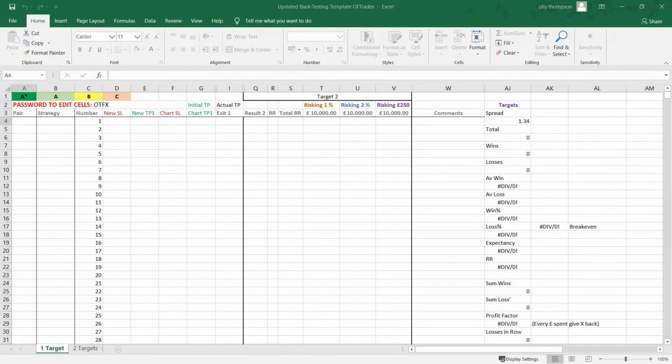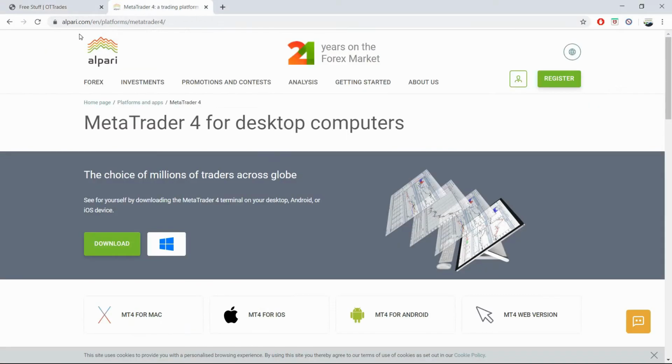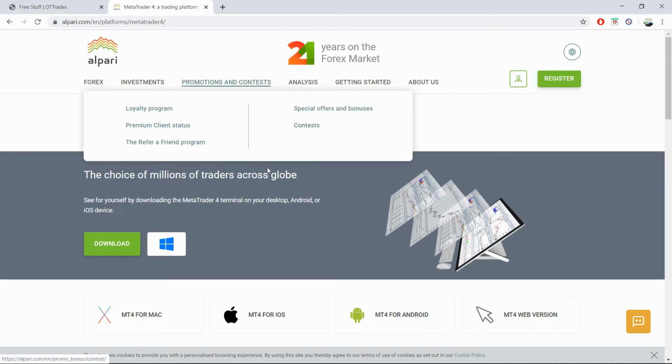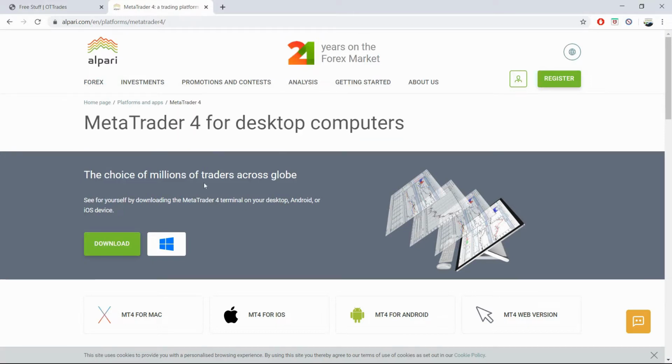So once you've got that, you're obviously going to need a platform to trade through. I recommend Alpari. I don't recommend live trading with them. Don't get this mistaken. I do not recommend at all live trading with Alpari. However, for backtesting, you can go on and download their MetaTrader platform, which is linked to Alpari as a broker, and they've got the data on every single pair, which goes all the way back to 1999.